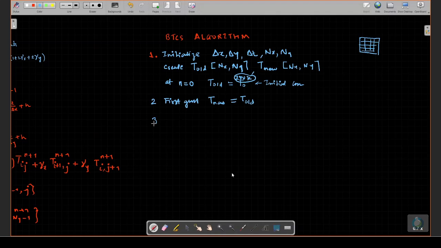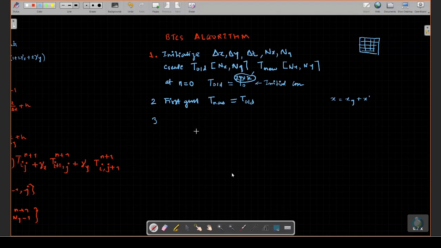Then once you made that guess, you already made the guess, you have to find out the corrections, right? And how do you find the corrections? Through central coefficients and residuals.